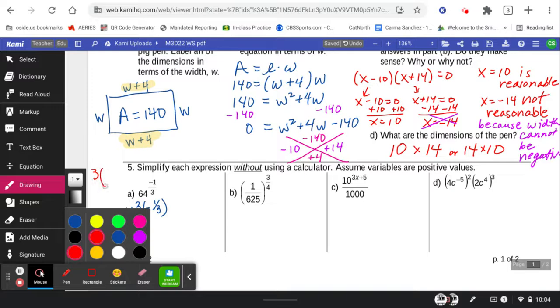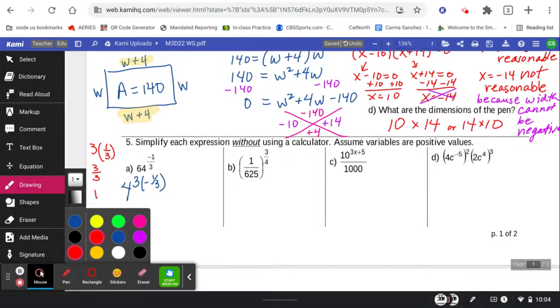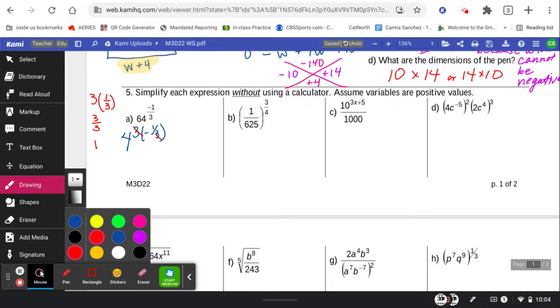So like 3 times 1/3 is 3/3 is just 1. Some of you realize you can just cross cancel there. So what we get here, if those 3's cross out, is we get 4 to the negative 1. Final simplified answer, because of the negative exponent, is 1/4.